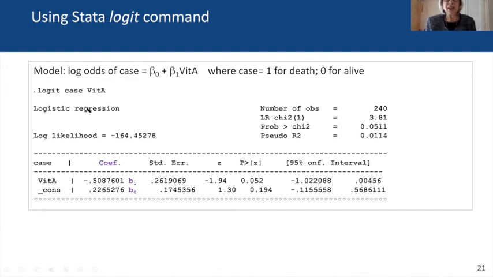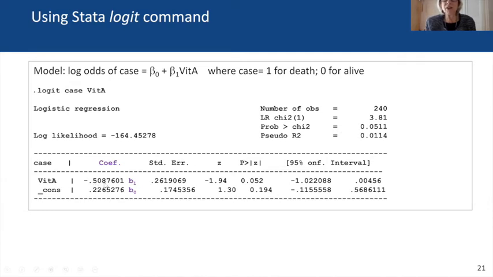We can see that Stata tells us this is a logistic regression. The number of observations is equal to 240, which is what we saw. And then we see the estimated coefficient for beta 1, which we give by B1 as the estimate of beta 1. That coefficient is negative 0.508.